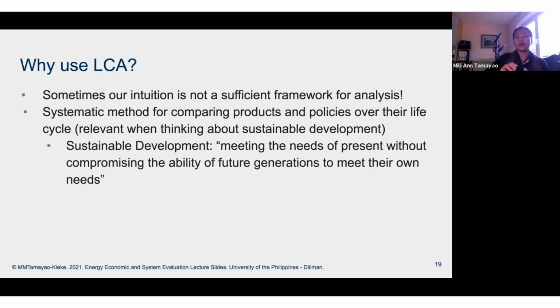So I'd like to show you the definition of sustainable development from the Brundtland report, which is probably already very familiar to you. So let me remind you, sustainable development is the kind of development where you meet the needs of the present without compromising the ability of future generations to meet their own needs.